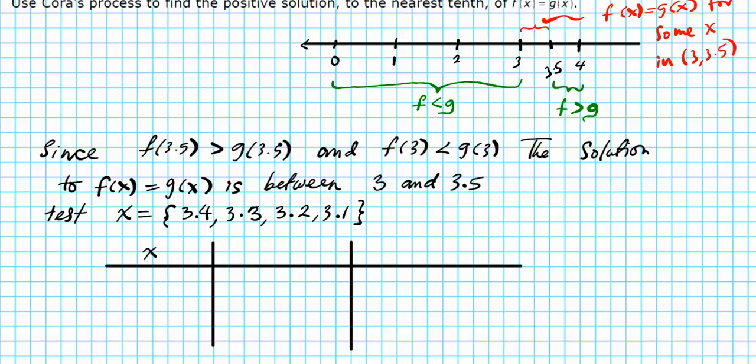We don't test 3, because we already know for 3, f is less than g. So what we're going to do is plug these values into the two functions. f of x is x squared plus 13. g of x is 3x plus 14.